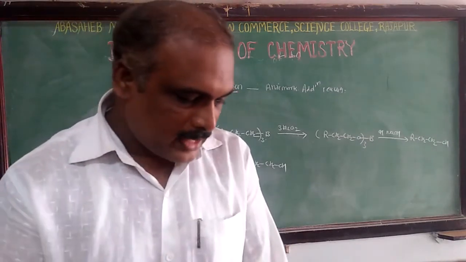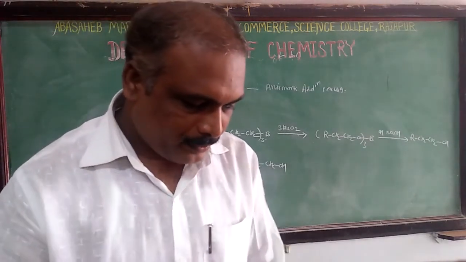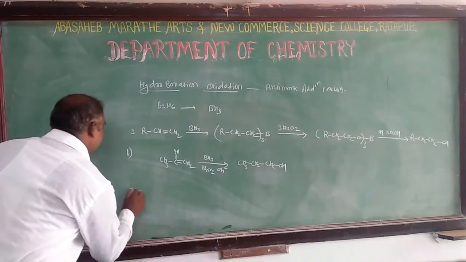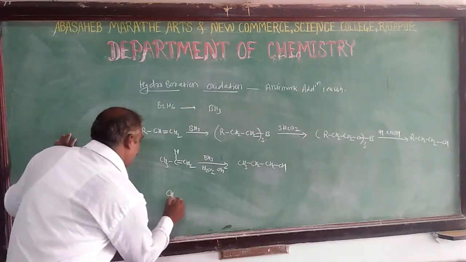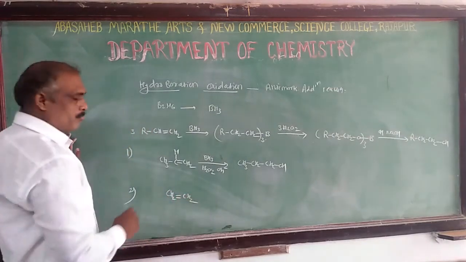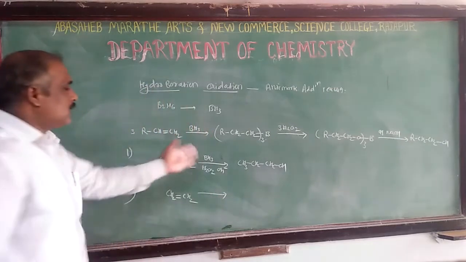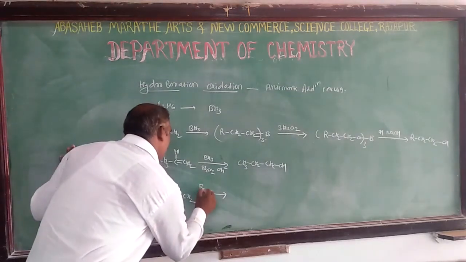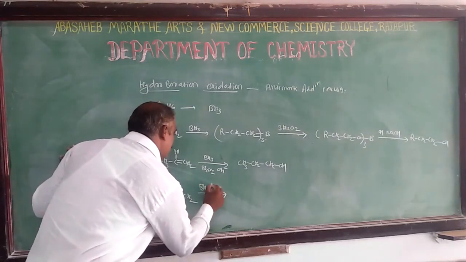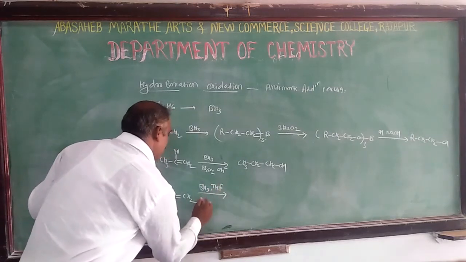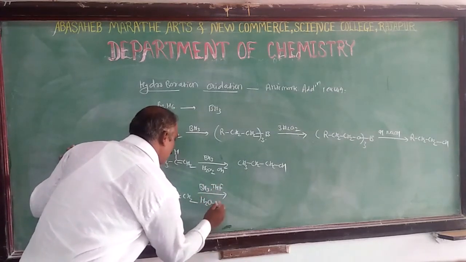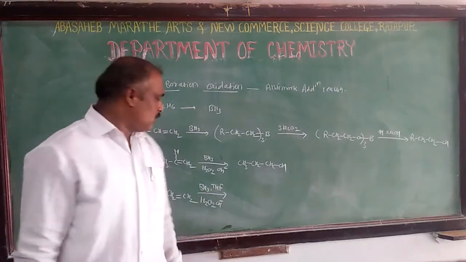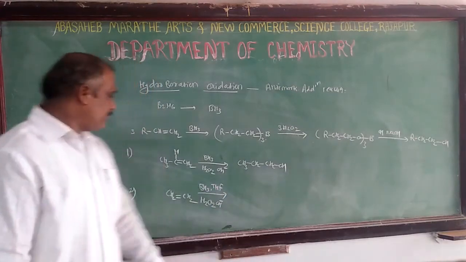Next we see other examples. Second example, ethene, CH2=CH2, in presence of such reagents like borane BH3 in THF, hydrogen peroxide H2O2 with OH minus, THF as a solvent, tetrahydrofuran.